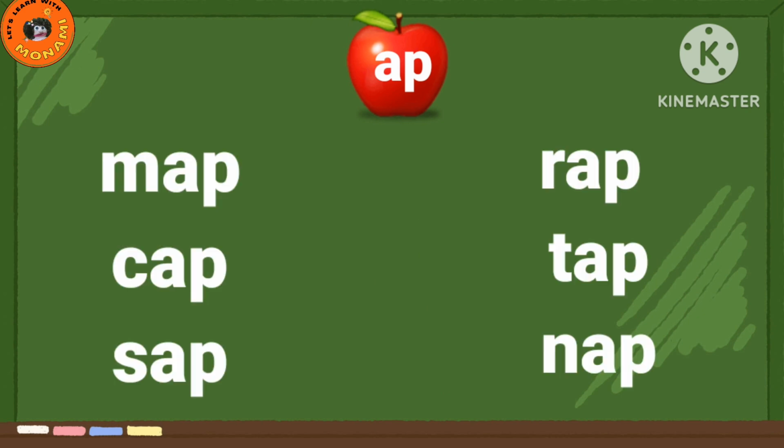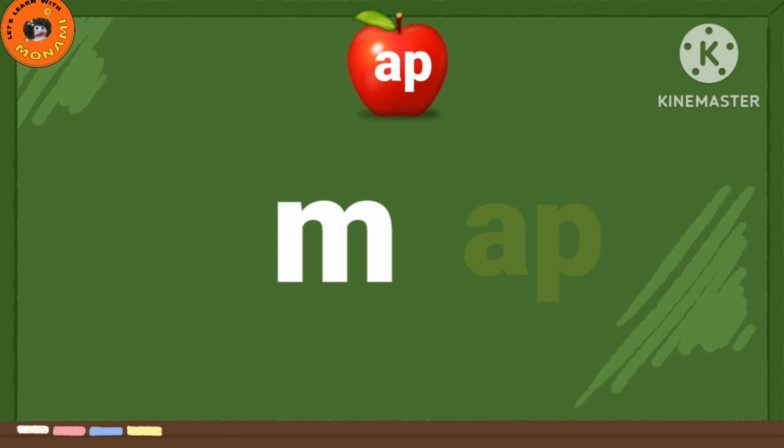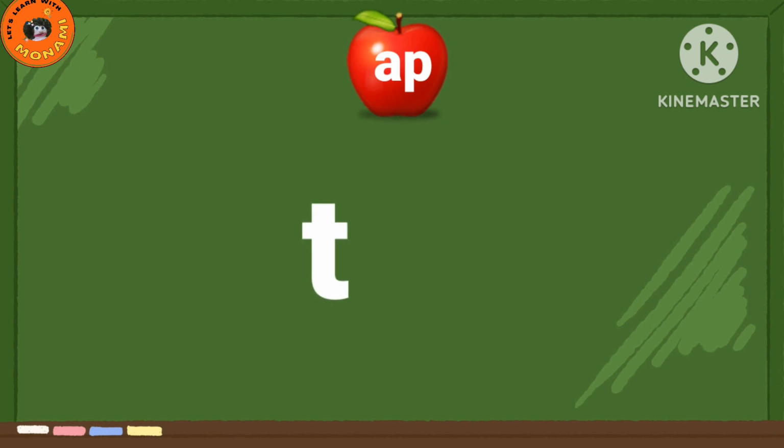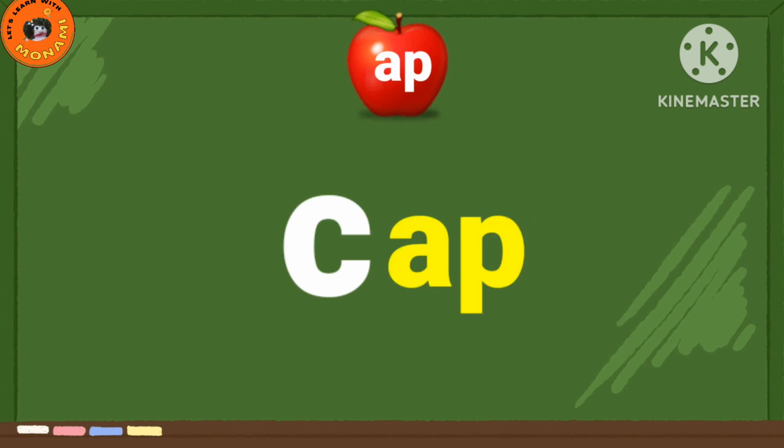Now let us say the sound of the first letter and we will pronounce the last 2 letters together. App. Map. App. Tap.